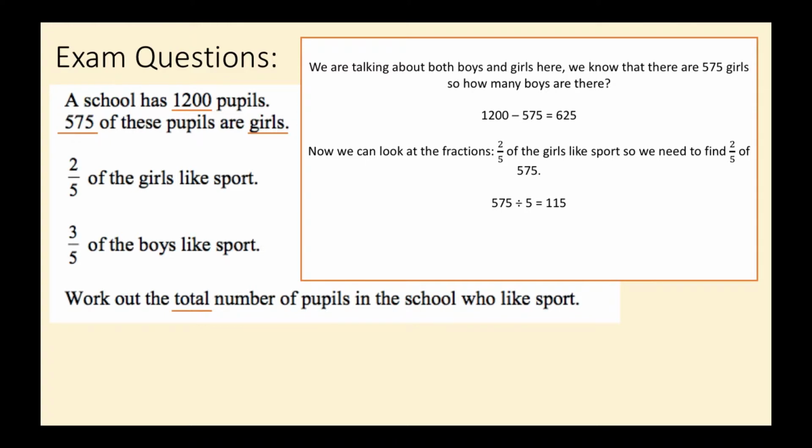Again, that's quite a large division sum if you're not familiar with division. There is also a video on that on our website and during this course. So then we're going to need to do 115 times 2, which gives us 230. So there are 230 girls who like sport. So you can write that down.